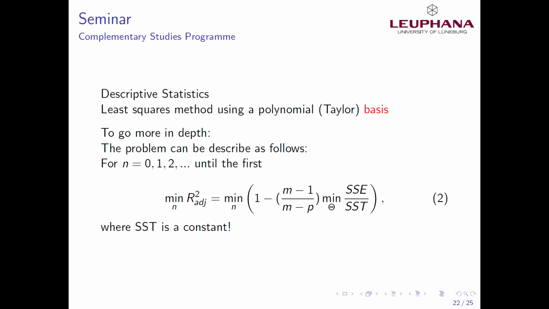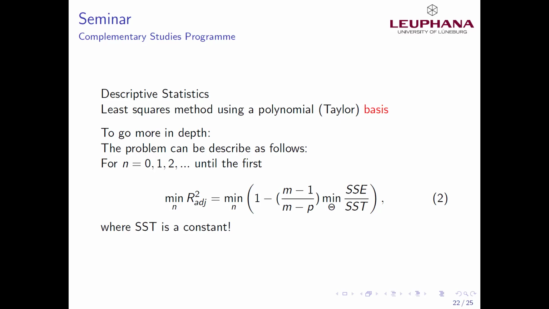I am looking for the minimum of R square adjusted. Why that? Because the idea is to obtain the minimum with respect to theta and the minimum with respect to n. Why that?